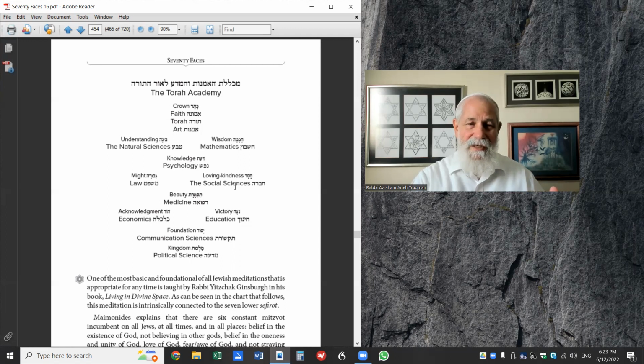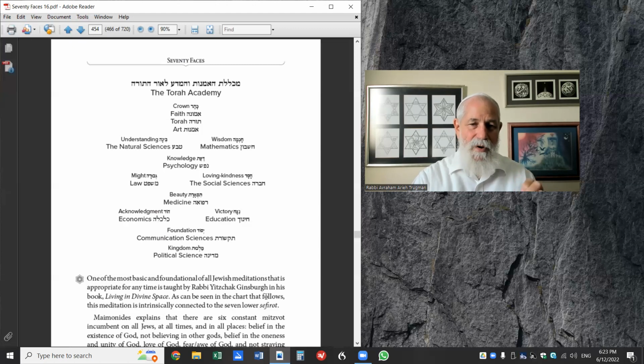The social sciences as being a reflection of chesed is a very obvious one. Law being connected to gevura and might is also a very easy one to understand. And when these are explained, political science is kingdom. So all of these, in a sense, make perfect sense.